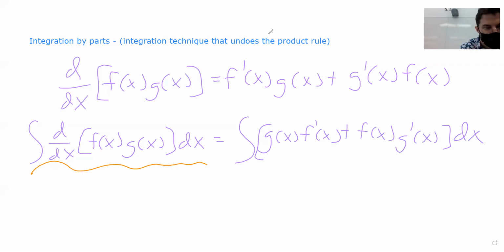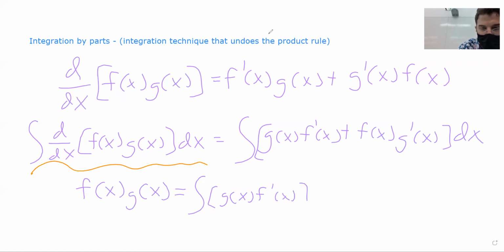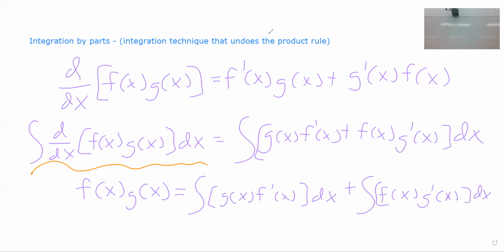What we'll get on this side is f of x, g of x. And on the right, I'm going to break up this stuff into two integrals. But we'll get the following. Any questions there?